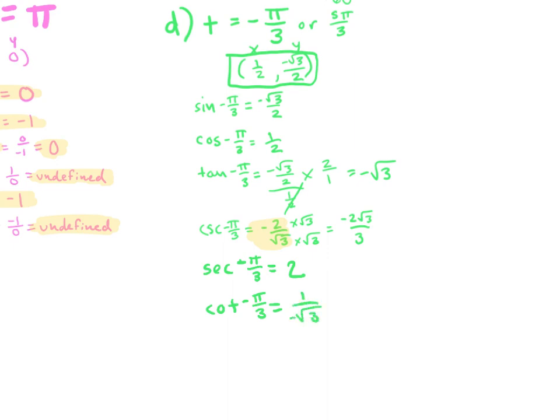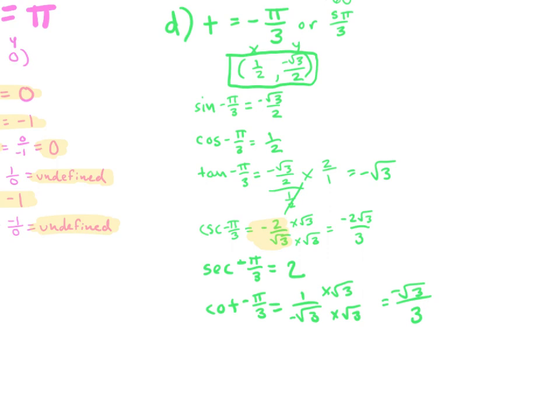Because tangent is negative square root 3 over 1, and then we need to flip the tangent. That answer's done, right? Or we have to rationalize it first? We have to rationalize it. Over 3. So negative square root 3 over 3.